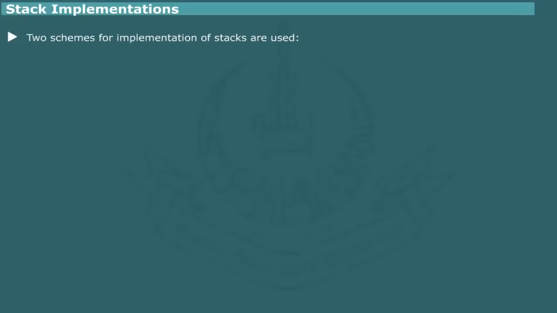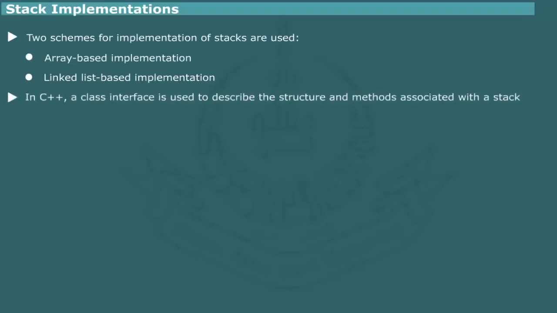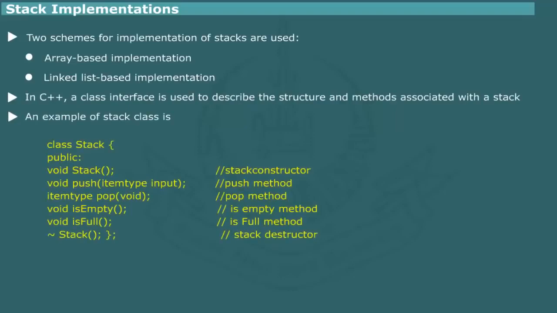These are called array-based and linked list-based implementations. The latter is also known as pointer or reference-based implementation. We now look at these schemes in greater detail using C++ classes. The code fragment is shown on the screen.